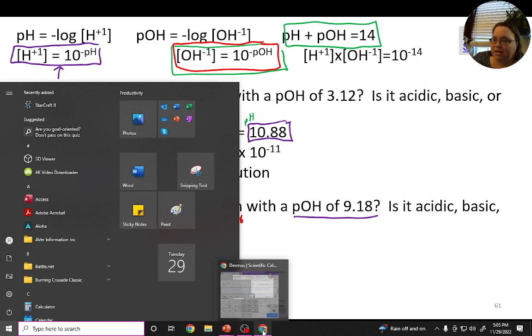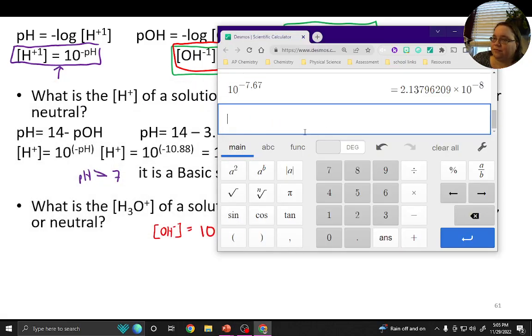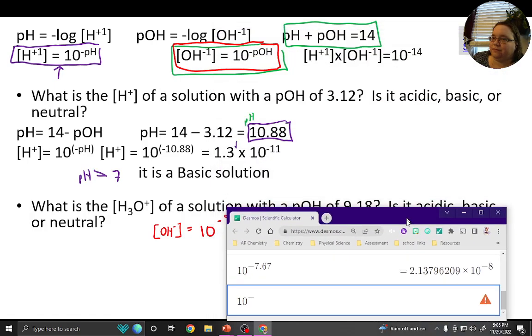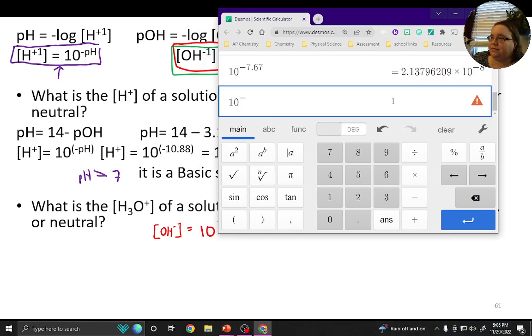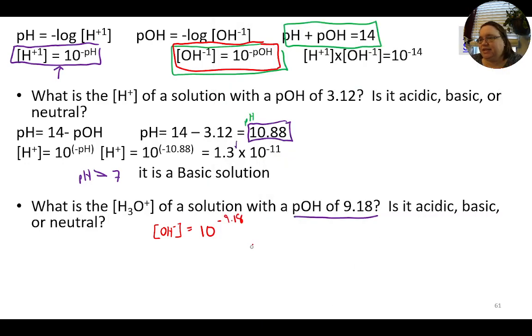Handy dandy calculator. All right, so my concentration is 6.61 times 10 to the negative 10.